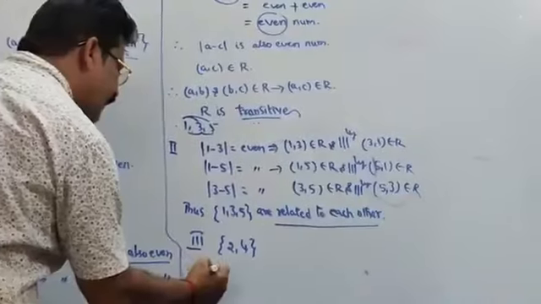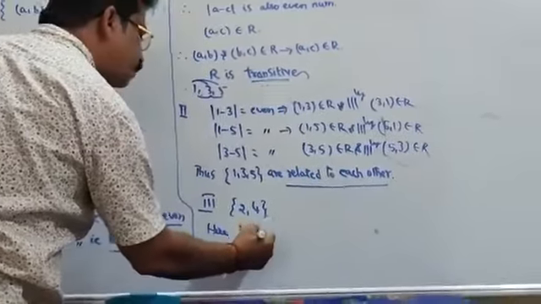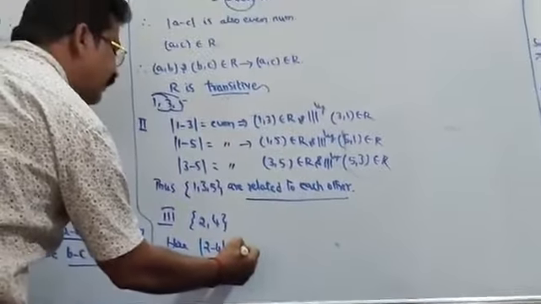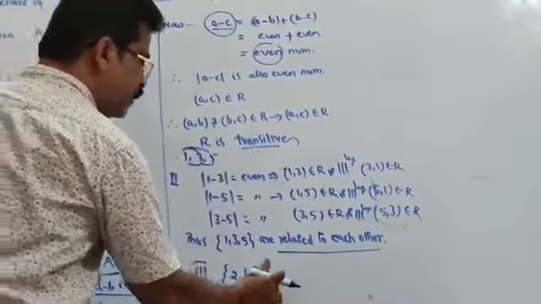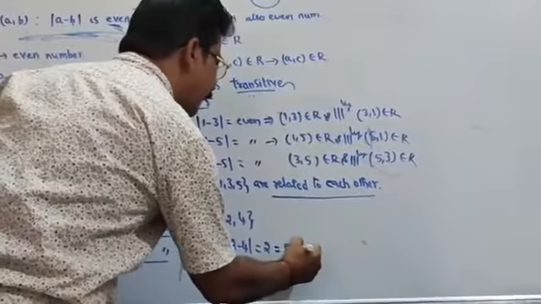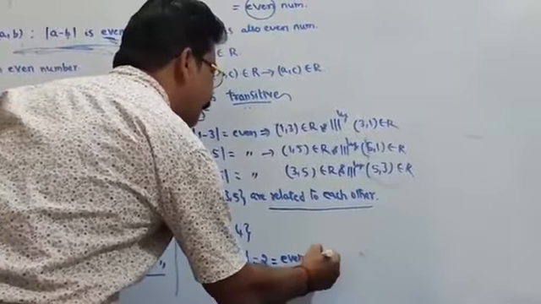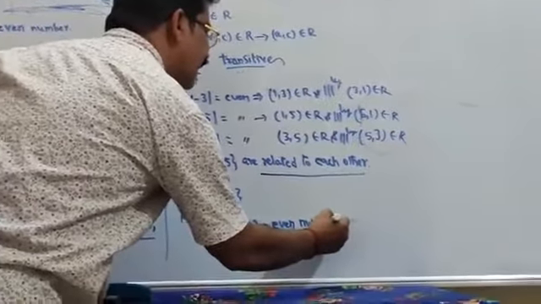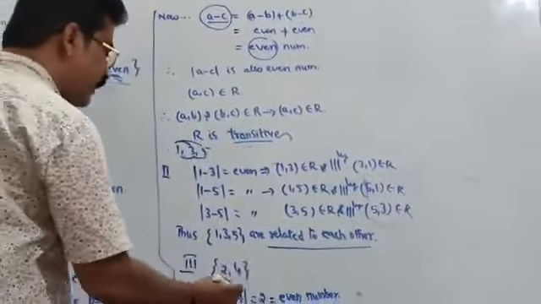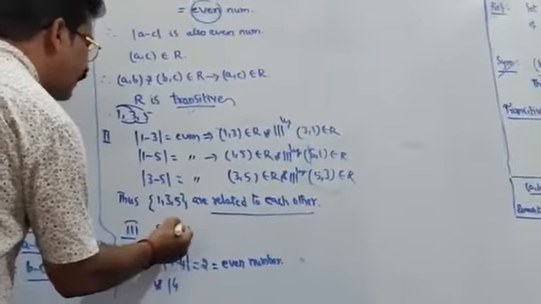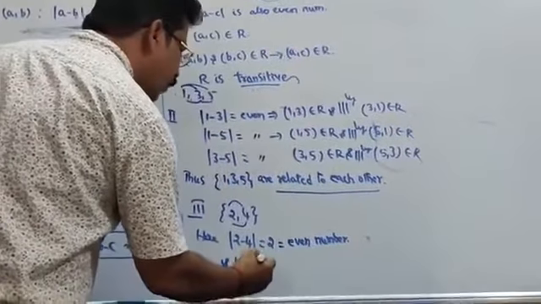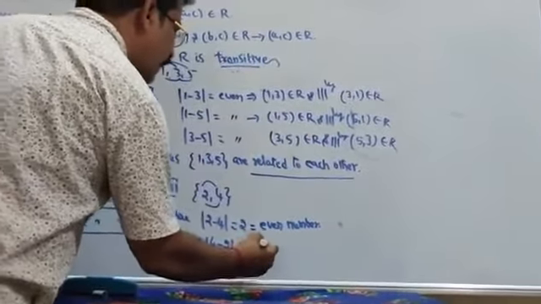The modulus of 2 minus 4: 2 minus 4 is minus 2, modulus is 2. It is an even number. Similarly, the modulus of 4 minus 2 is also an even number.